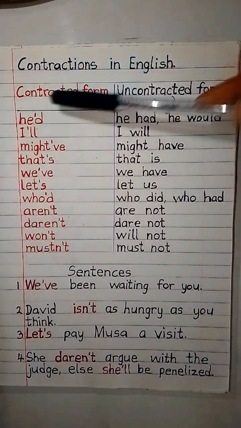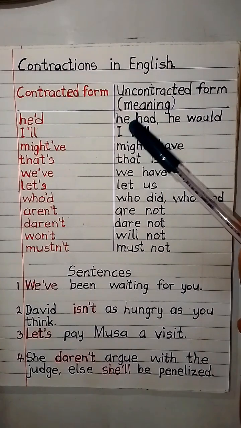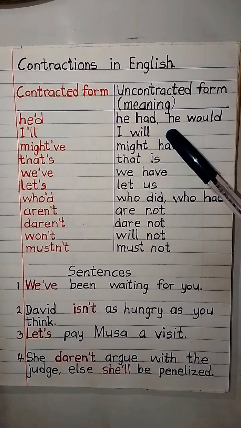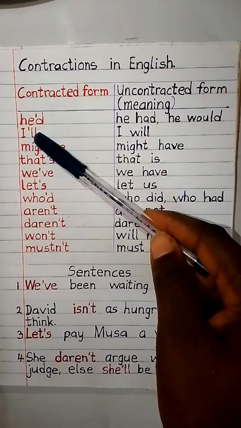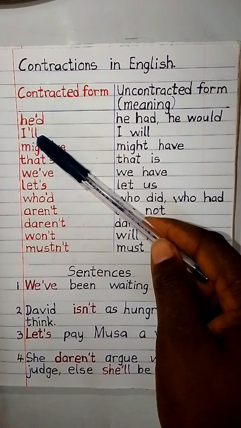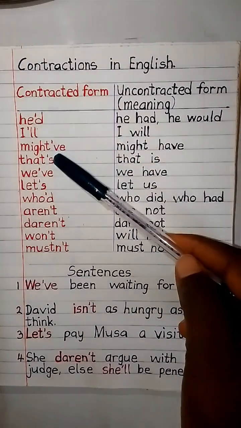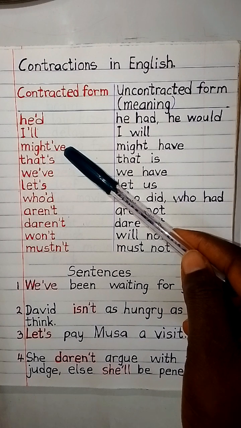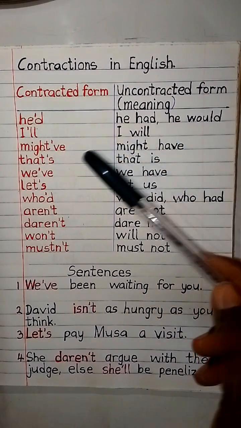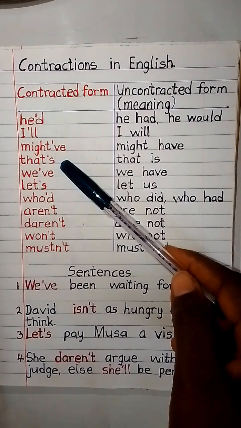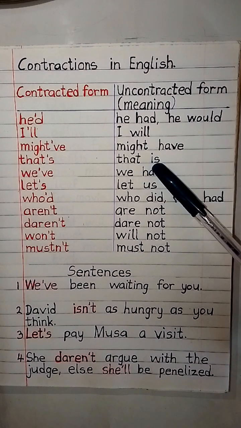So the first one we have is he'd. He'd means he had, or it also means he would. Then we have I'll, meaning I will. We have might've, meaning might have. We have that's, which means that is.